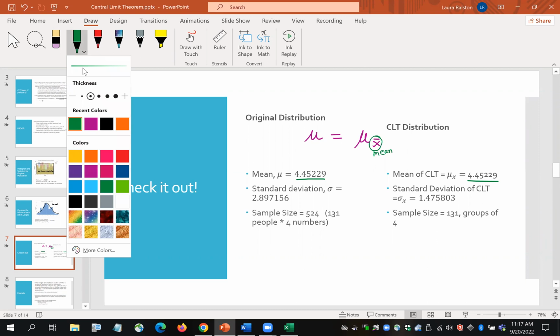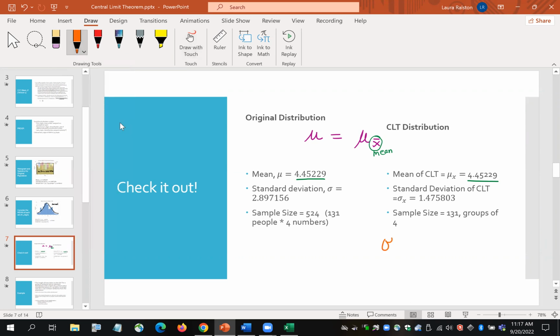For standard deviation, the standard deviation for the central limit theorem, again, we use the subscript of X bar to indicate that we're using the central limit theorem, is equal to the original divided by the square root of n.